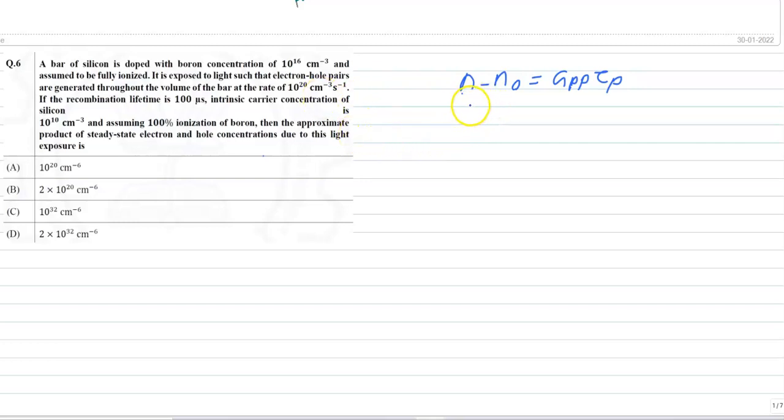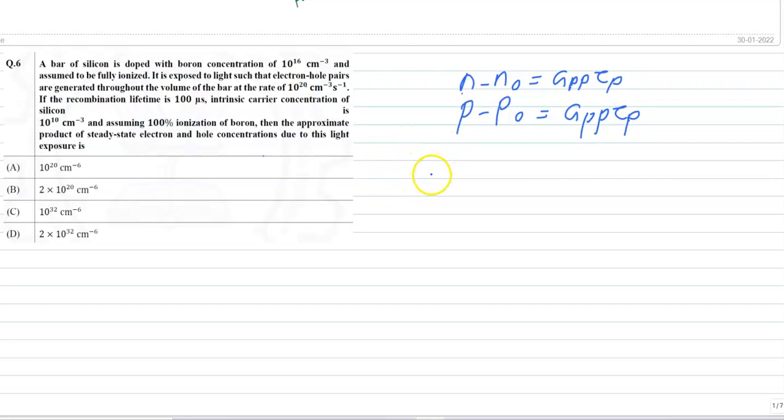Similarly, when light falls on the bar, not only electrons are generated but electron and hole pairs are generated. So similarly for the holes, you can write p minus p naught is equal to G_P tau_p. Right? What are n naught and p naught?